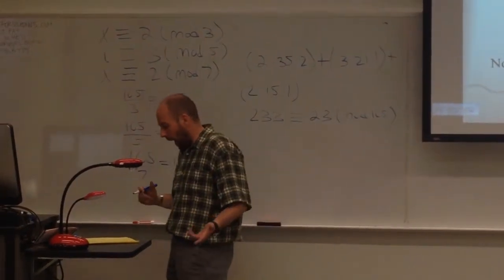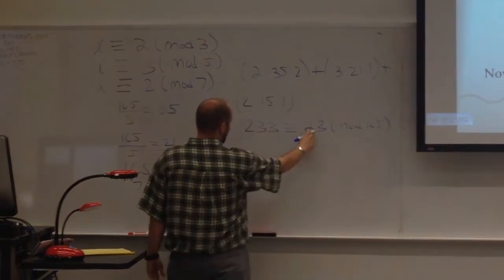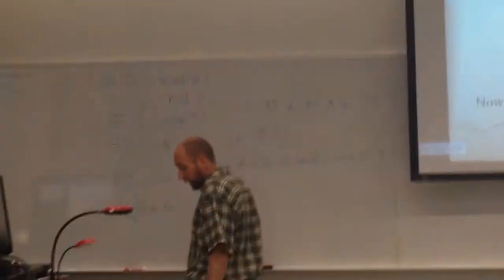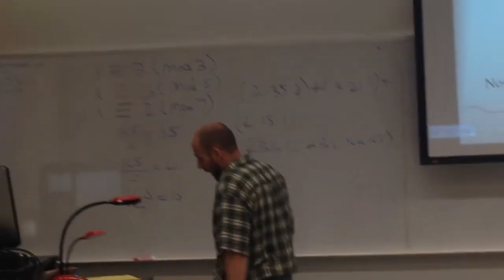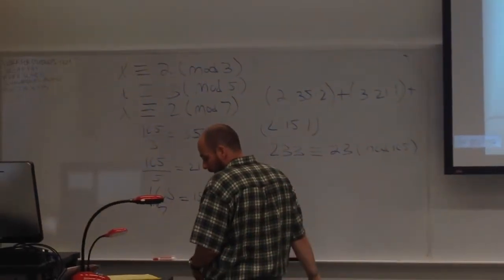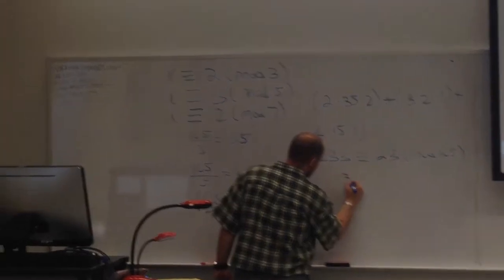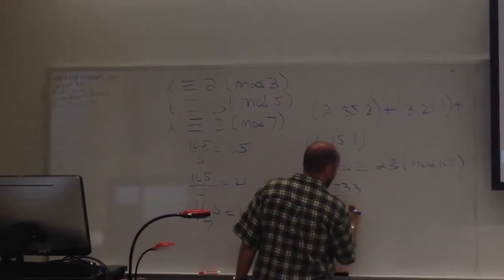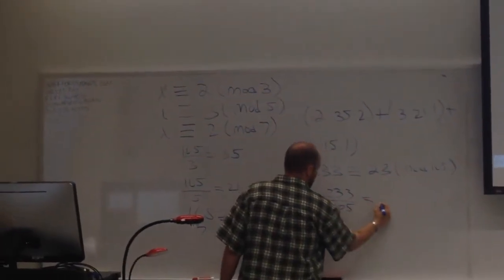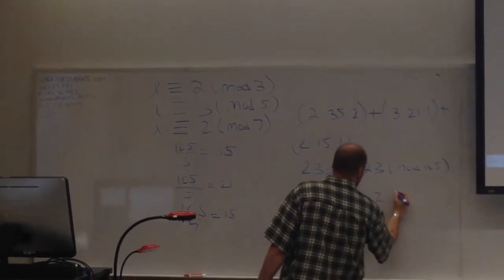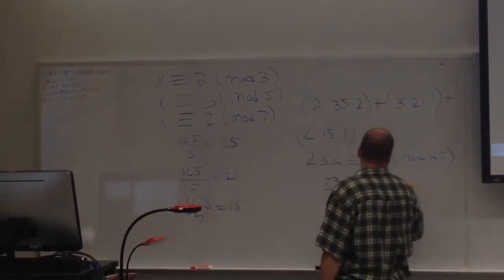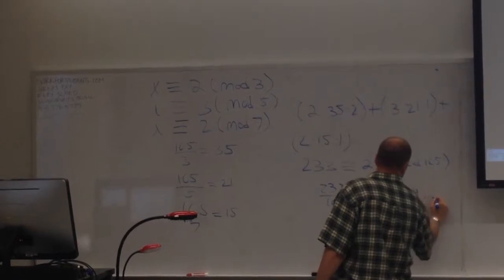You might ask, how did we get that? Well, you just take 233 and divide it by the modulus. So you get 233 over 105 equals 2.1904.